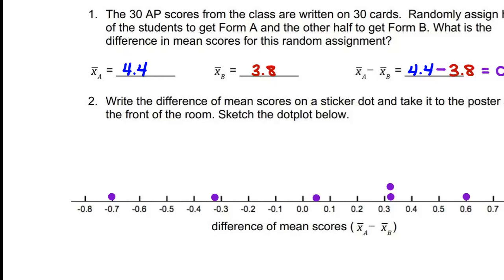What'd you get? Negative 0.46. Maya? Negative 0.36. Ben? Negative 0.03. So here-ish. Ty? 0.06.